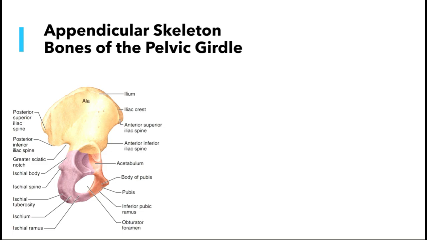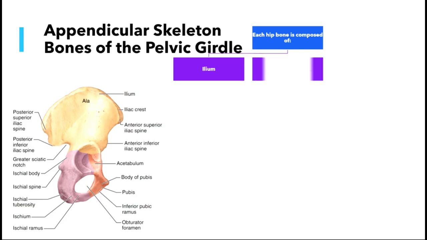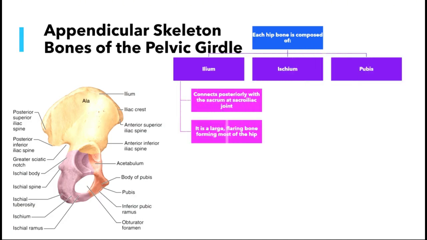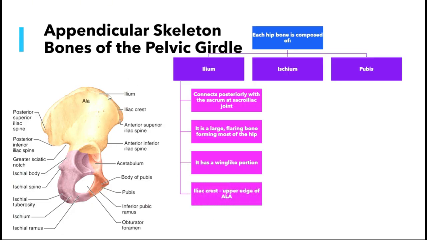Here we have more visible parts of the pelvic girdle. You have these parts: ilium, ischium, and then the pubis, the three colored parts of this portion of the pelvic girdle.